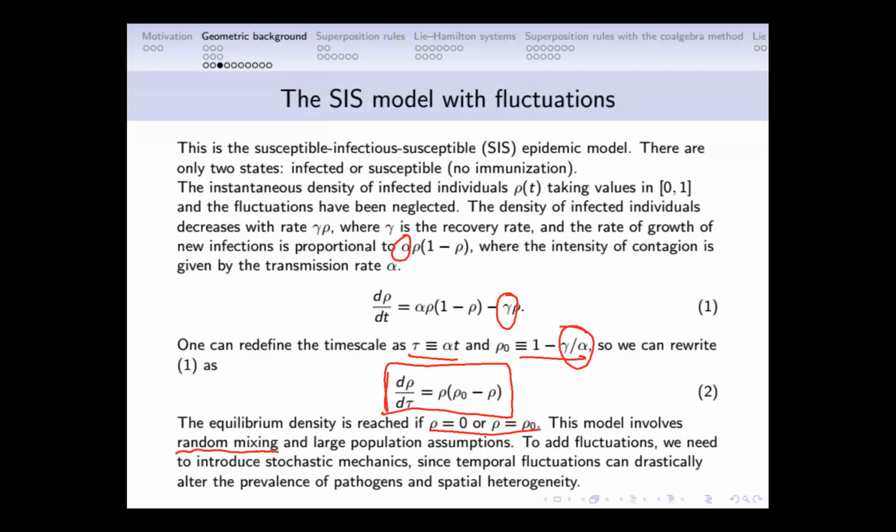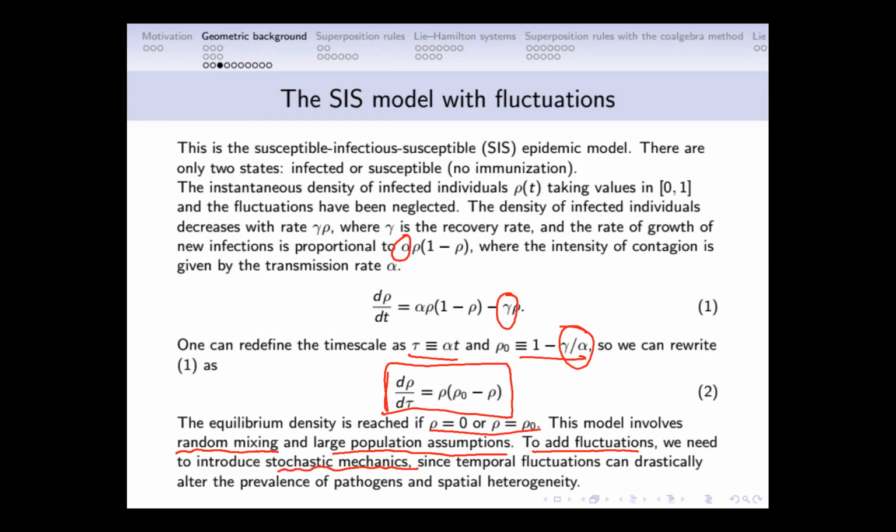So this model involves something that is called the random mixing hypothesis. That means that all kinds of population mix with all kinds of population, which is not really true because not everyone in the same neighborhood mixes with people from another neighborhood. And also it has a very large population assumption. So it does not really work for everything. And also we are not admitting any fluctuations. So if you want to put some fluctuations into this model, what you have to do is to introduce stochastic mechanics.